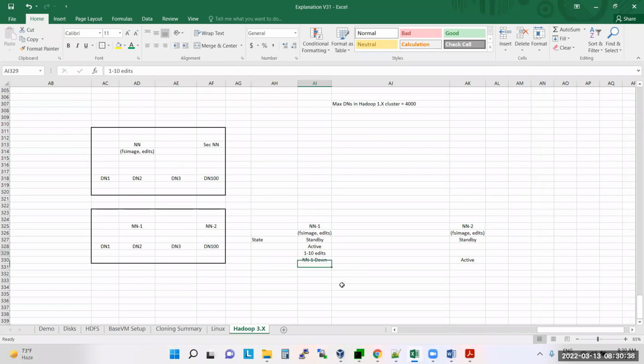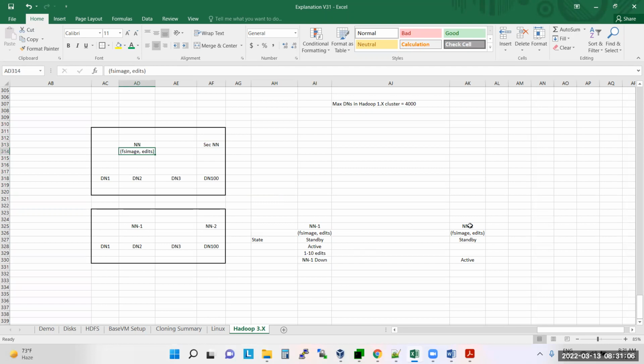Here my question is, I am performing something. How will others know what I performed? The way the secondary name node was communicating earlier, the same way we can? No. Secondary name node will go here and get the data.